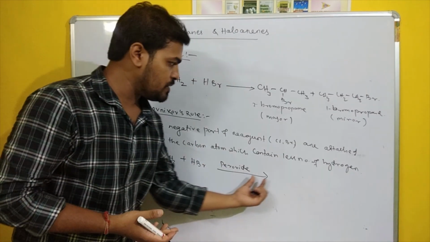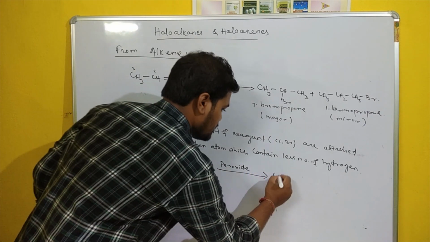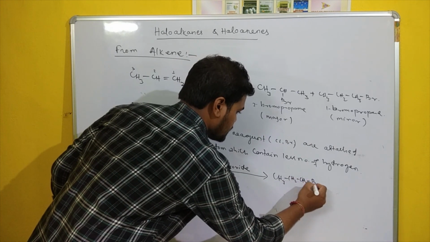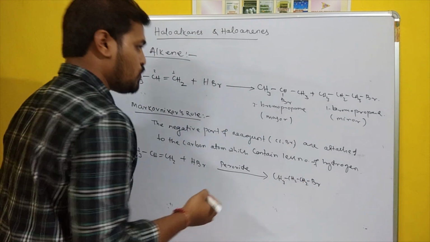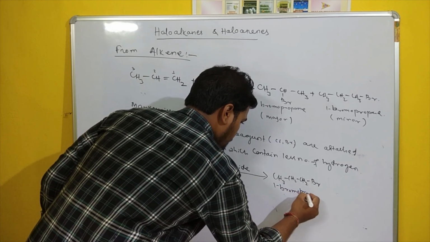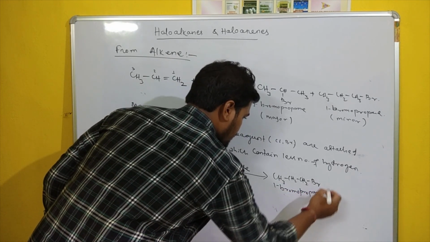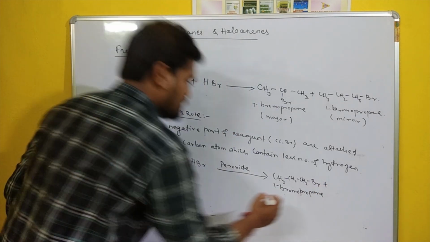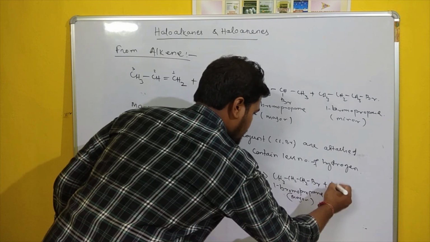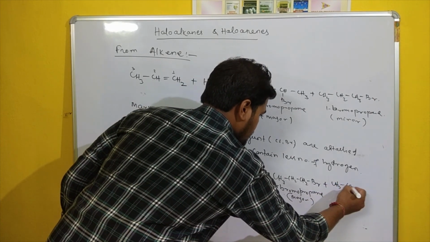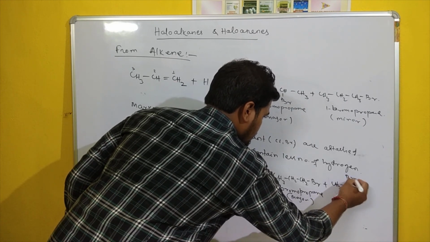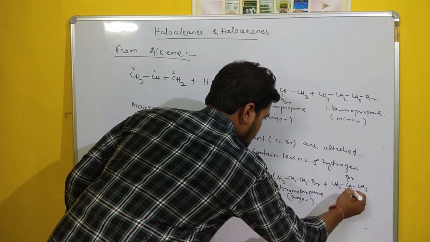Here the major product is CH3CH2CH2Br, that is 1-bromopropane, and the minor product is CH3CHBrCH3.